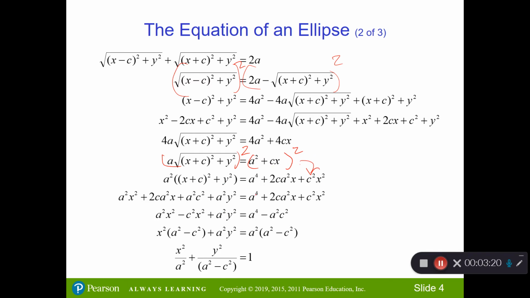And then it's a bunch of rearranging so that we get the x squared and the y squared in the numerator by themselves, and it equals 1. When I do that, I end up with x squared over a squared plus y squared over this quantity squared. We're going to rename all of this b, so this is b squared, equals 1.